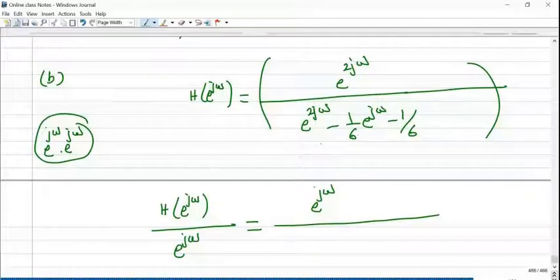Consider e power 2 j omega as x square: x square minus 1 by 6 x minus 1 by 6, in the ax square plus bx plus c format. Consider e power j omega as the x term here in the denominator. Now what are those two factors? The multiplication of the two numbers is minus 1 by 6 and the addition of the two numbers should be minus 1 by 6.